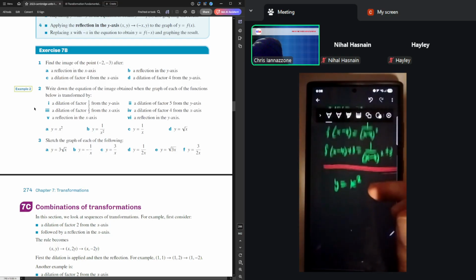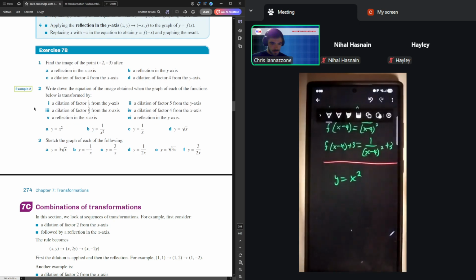X squared. Alrighty. Dilation factor of a half from the y. What's that going to now look like?